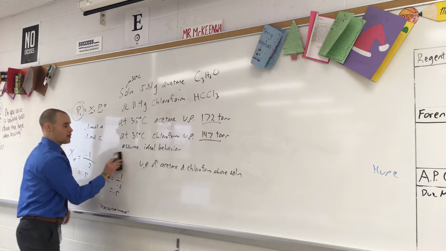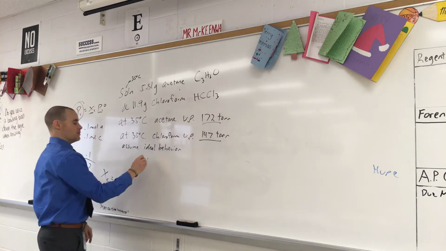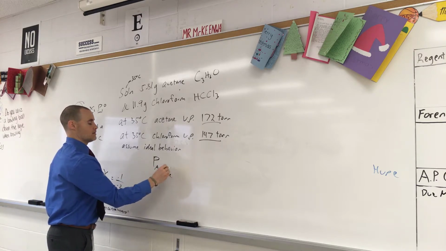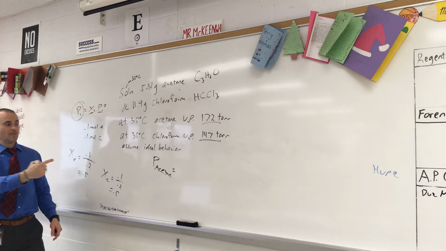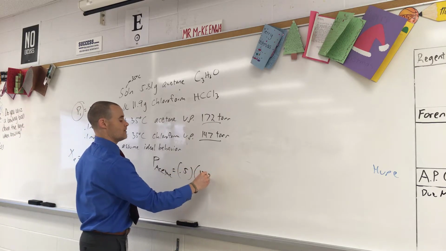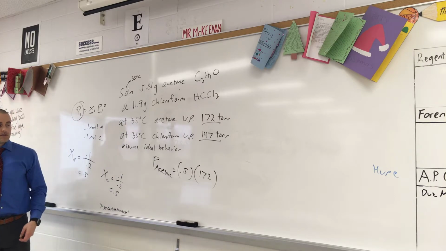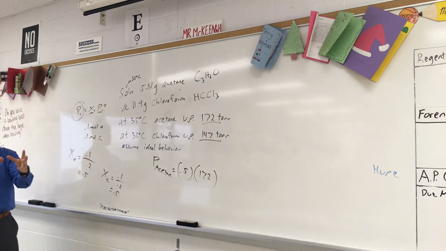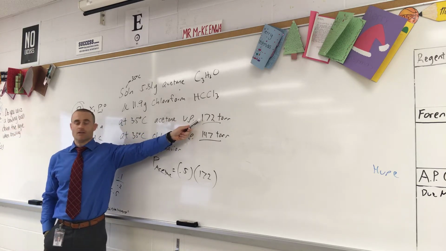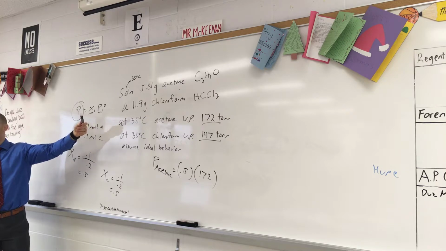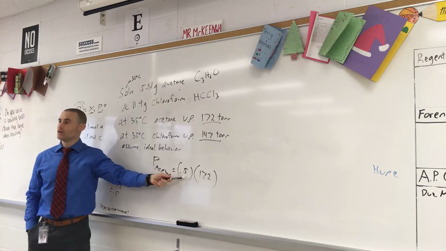Okay, so now the vapor pressure of each one. You would do the partial pressure of acetone, which is vapor pressure of acetone times its mole fraction, so 0.5 times 172. So think of it this way. If you have just a beaker with acetone in it, that is your vapor pressure. But since you have chloroform in it, it's screwing up the vapor pressure a little bit. That's why we need to take this number into account.